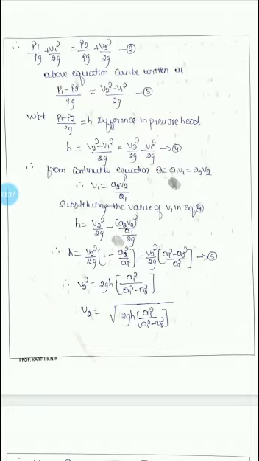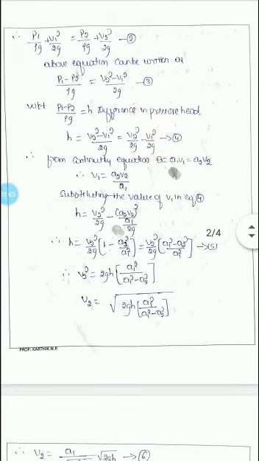Here V1 is the velocity at section 1 and V2 is the velocity at section 2. From the continuity equation, Q is equal to A1 V1 is equal to A2 V2. So V1 becomes A2 V2 divided by A1. We substitute this V1 in equation 4.